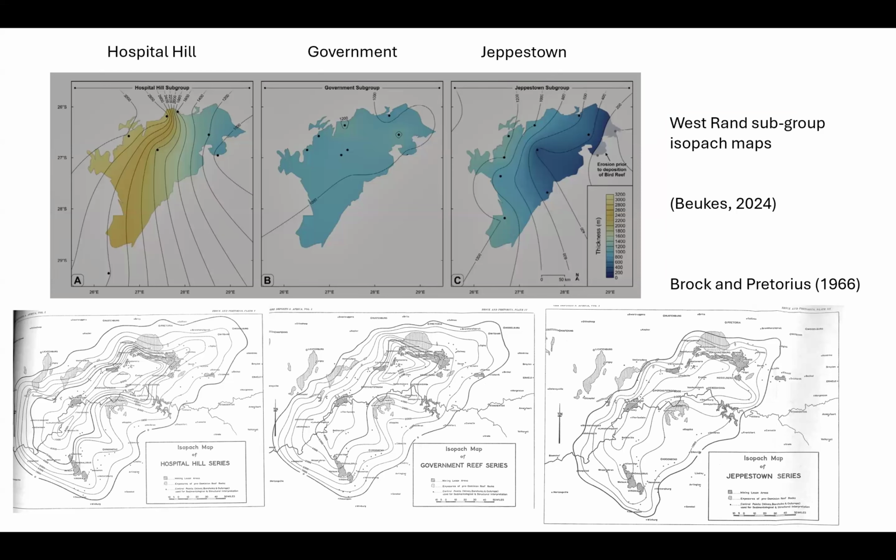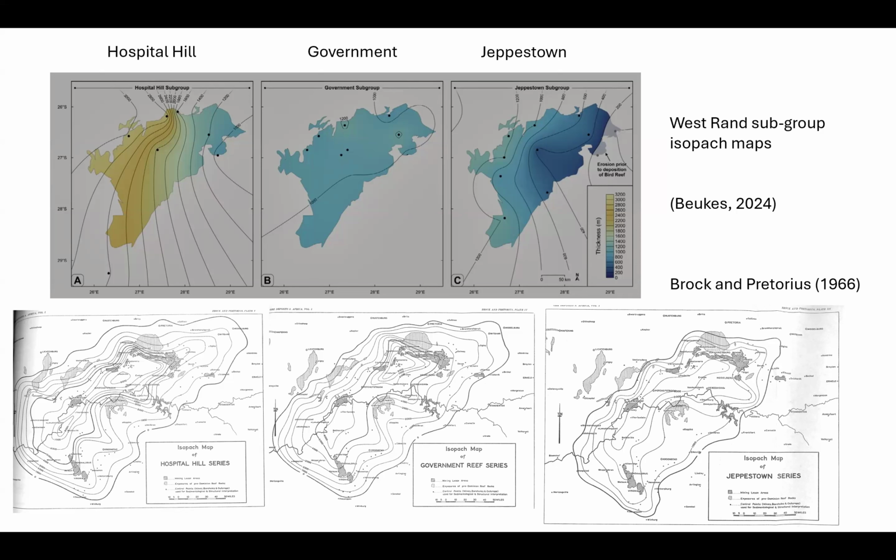At the top here are 3 isopack maps for subgroups within the West Rand group, the Lower Witwatersrand, recently published by Nick Bierkes shortly before he unfortunately died. At the bottom are some 1966 isopacks presented by Brock and Pretorius. One wouldn't think that we're talking about the same geology looking at these two.